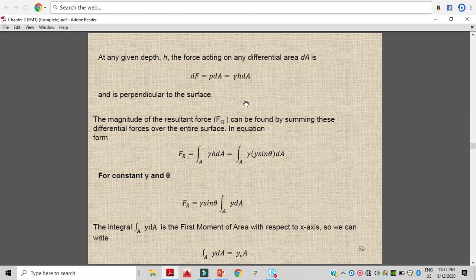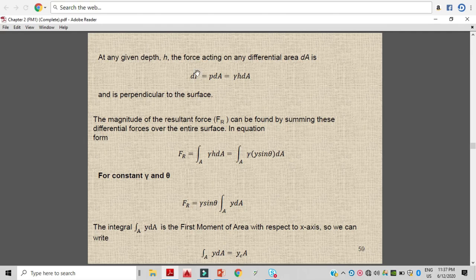So next, consider at a given depth h, the force acting on any differential or small area dA is dF. Force is equal to pressure times the small area, and the hydrostatic pressure, we know, is equal to gamma h. So we replace P with gamma h times dA. This force is always perpendicular to the surface.